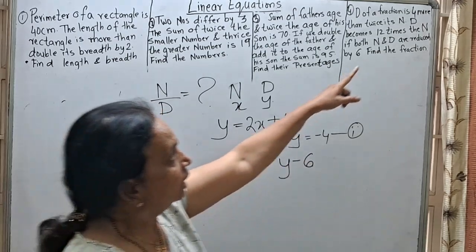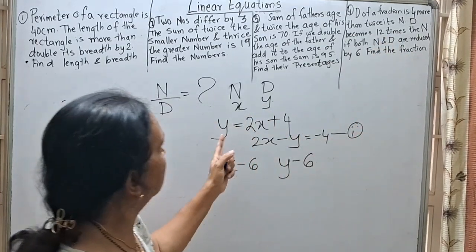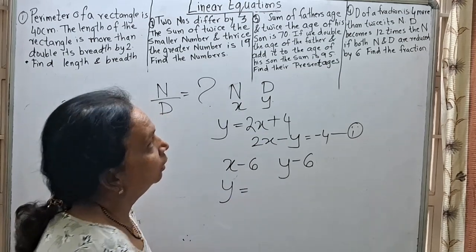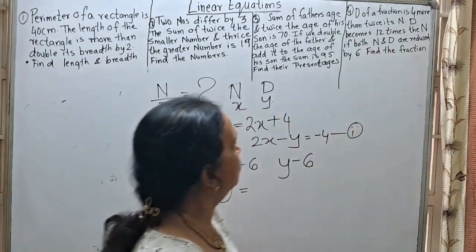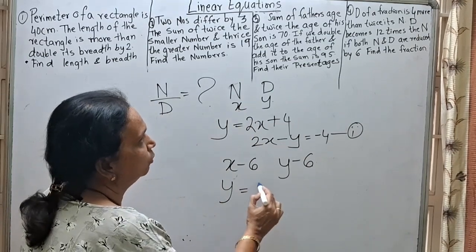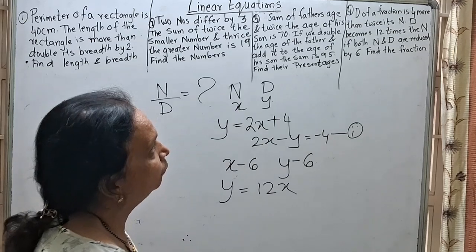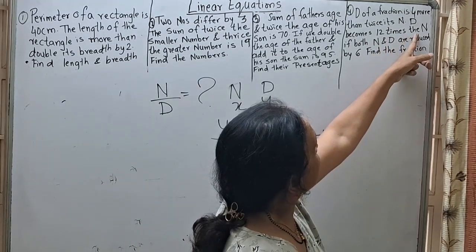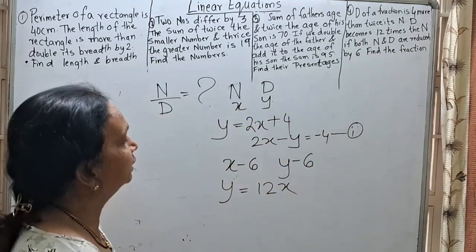Again I read: the denominator becomes 12 times the numerator, that is 12x.